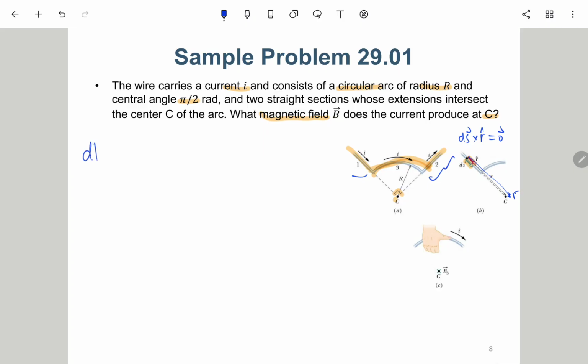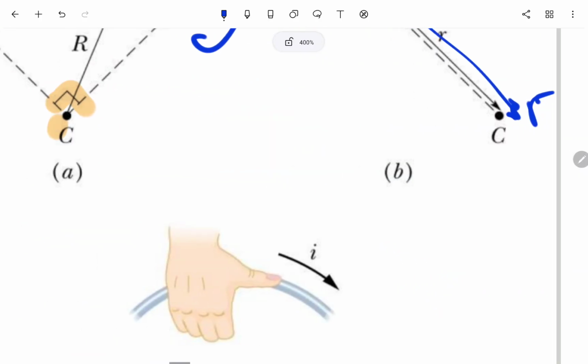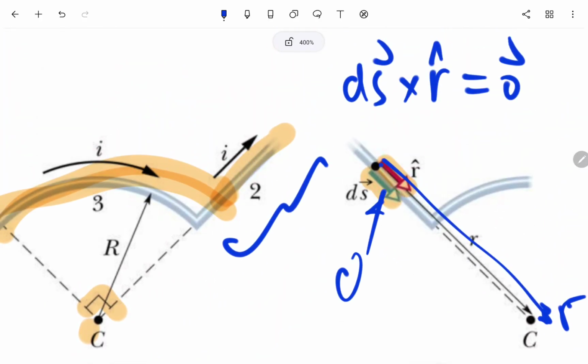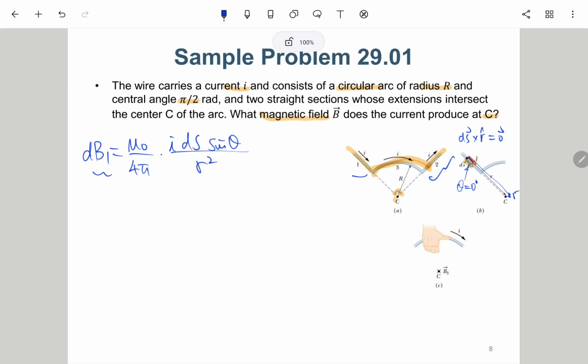That means dB1 is mu 0 over 4 pi, times I ds sine theta over R squared. For segment 1, theta equals 0 degrees, and sine of 0 degrees is 0, so B1 equals 0.